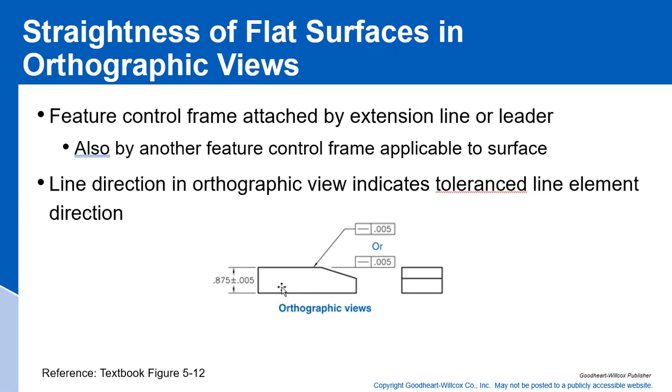Okay, now what that means here is, in this view right here, I am assuming that my direction for the straightness goes in the same direction as dictated by the view. If you had put this line over here, it would be line elements in this direction. But this one is line elements in this direction. This feature control frame is applied to line elements in this direction.